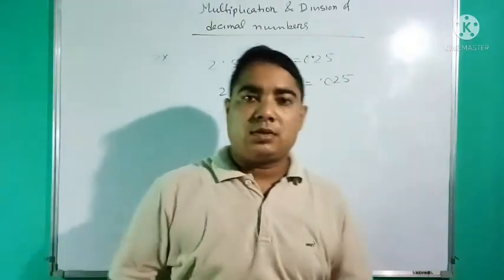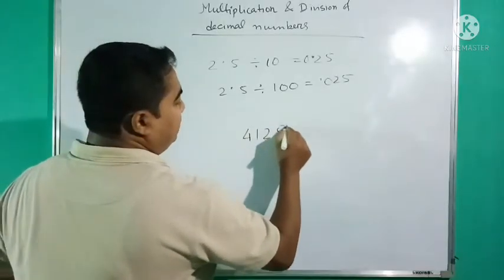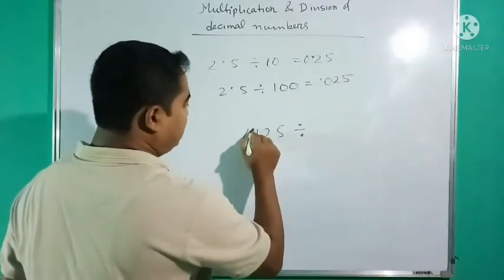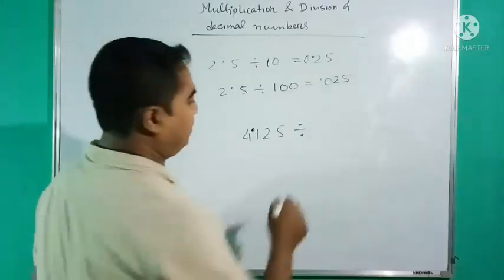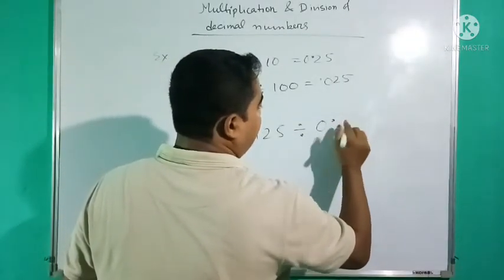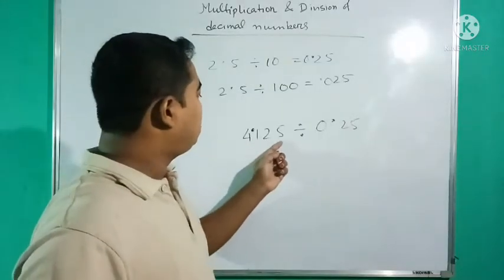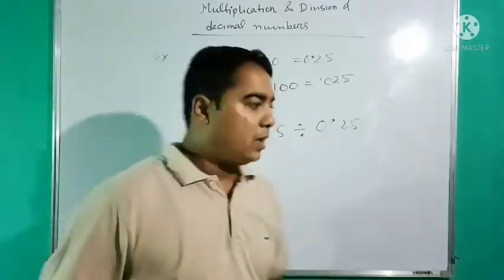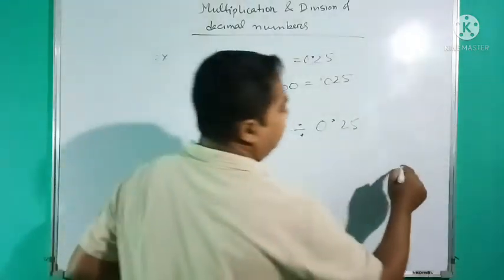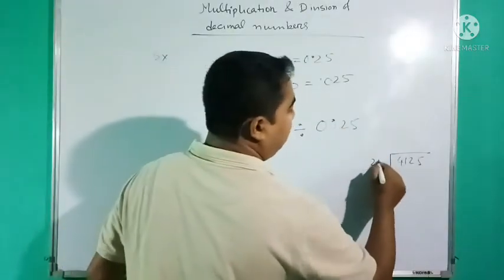Next, take two big numbers. 4.125 divided by 0.25. At first, think of this as 4125, now divided by 25.